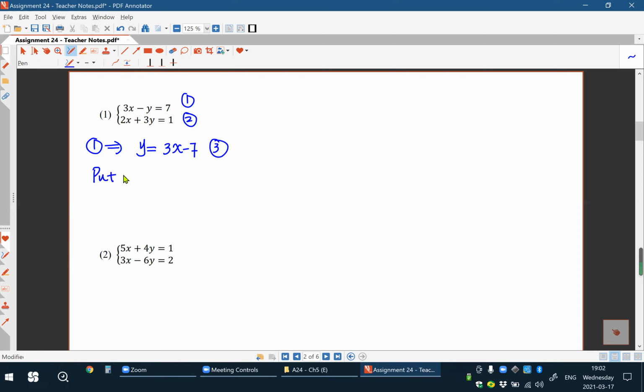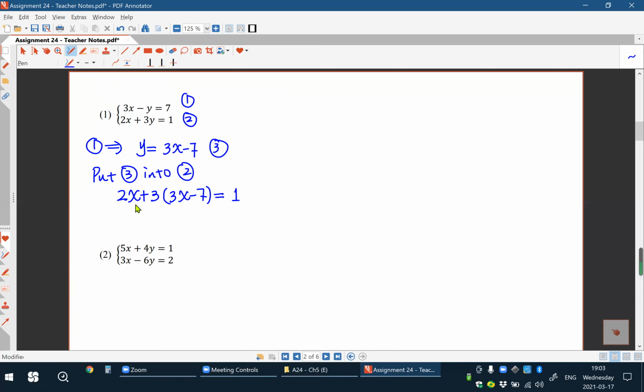And then we can put 3 into equation 2. In this way, you will get 2x plus 3y. 3y means 3 times 3x minus 7 because y is 3x minus 7, right? Okay, so left hand side equals 1.